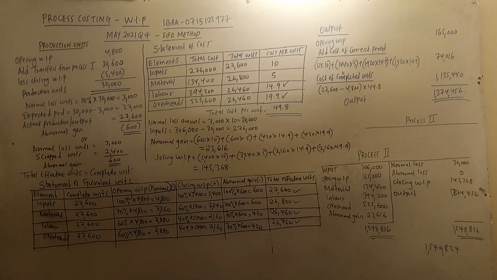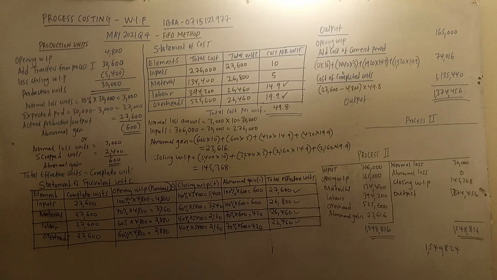So this is the continuation class of process costing. Remember, we did process costing without work in progress. Then afterwards, we introduced process costing with work in progress.